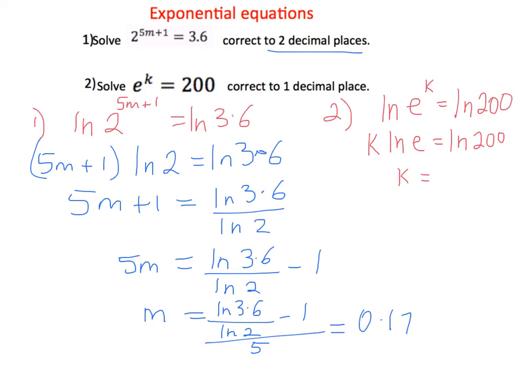And you can test that on your calculator. So k is just going to equal log base e of 200. And to 1 decimal place, that is going to be 5.3 to 1 dp.